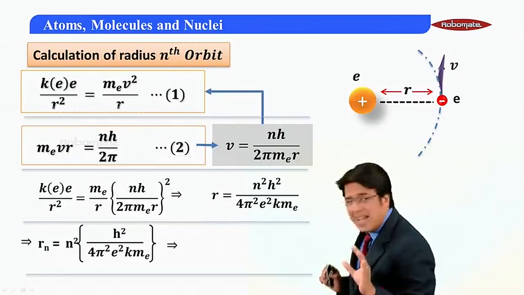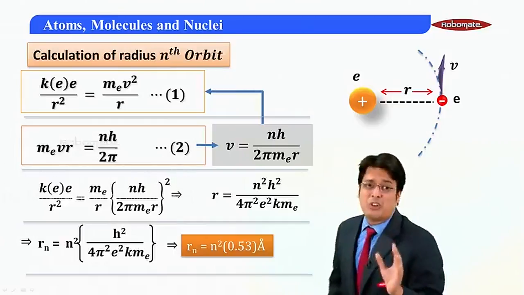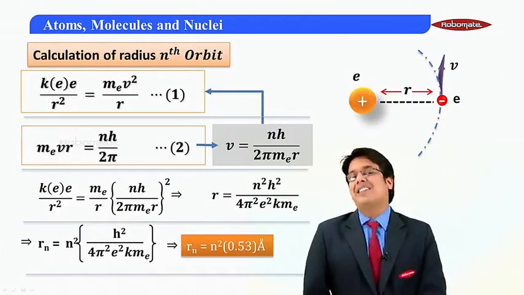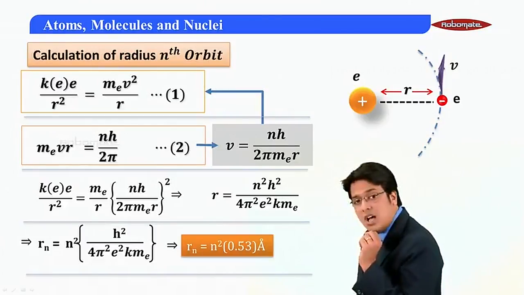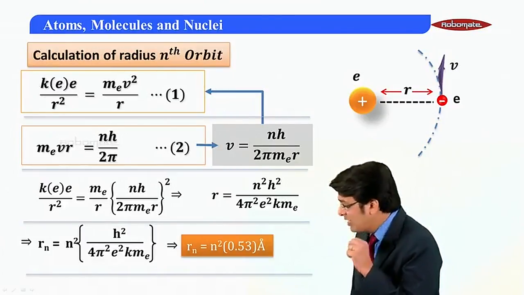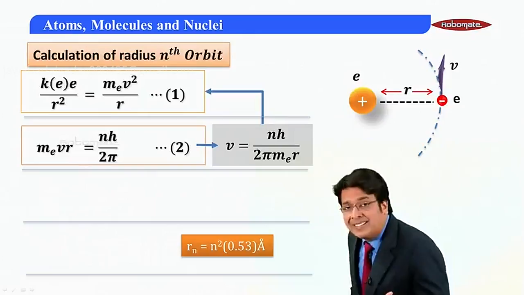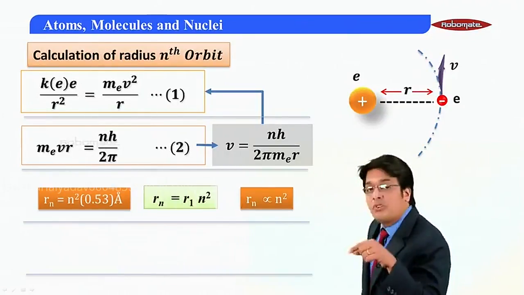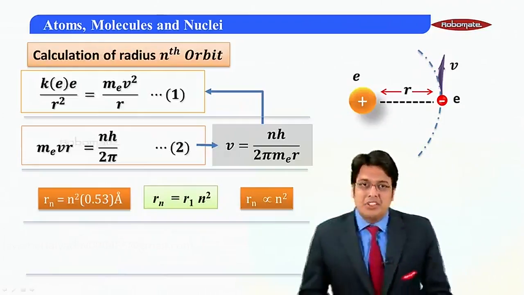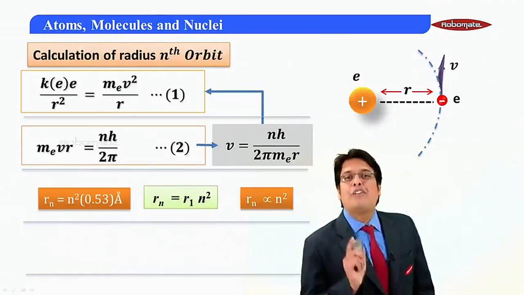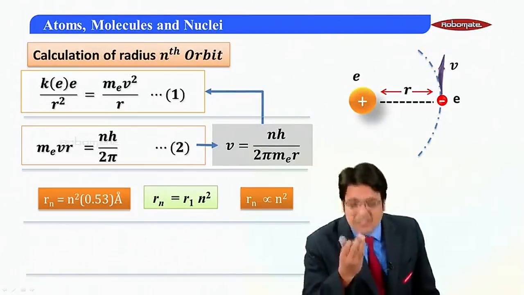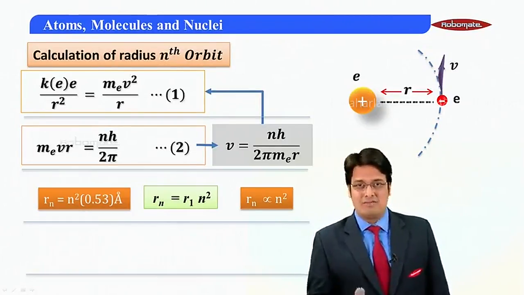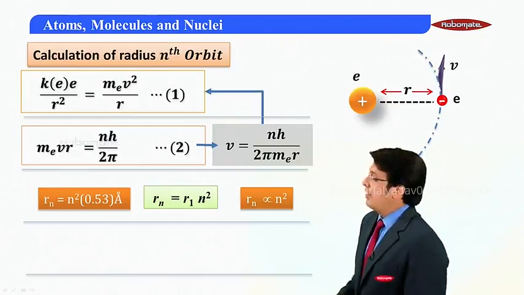All the things in the bracket are constants. That constant has one value, that is 0.53. So my Rn is equal to 0.53 into n square. What is 0.53? It's a constant, but that constant is nothing but R1, the radius of the first orbit of the hydrogen atom. Remember the value: R1 is equal to 0.53 Angstrom. So Rn is equal to R1 into n square.